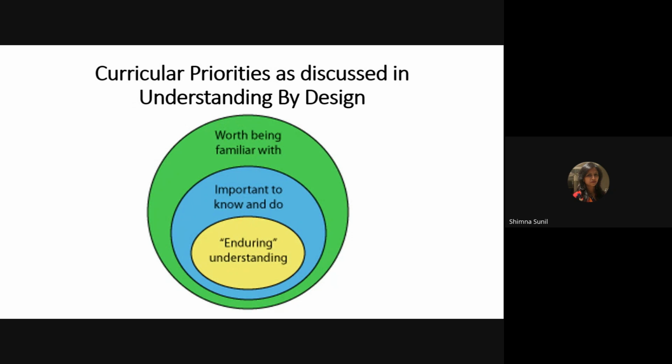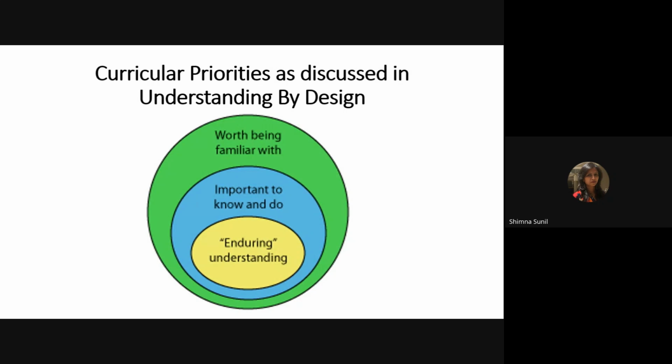It goes into 3 layers. One is enduring understanding, what is very, very important in a lesson to teach. The next level is what is important for the child to know and to do. And there are certain aspects in a chapter that are worth being familiar with.